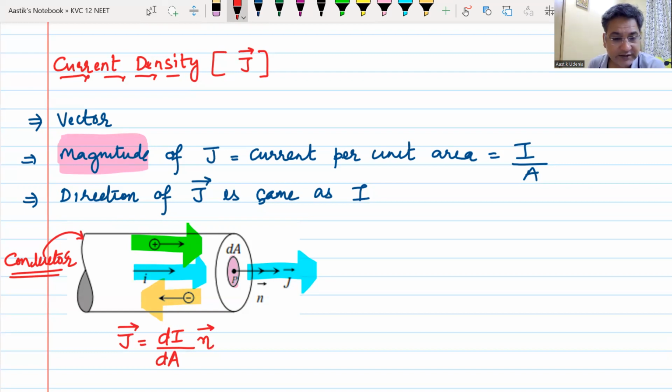Do we understand this? Yes, sir. Have we understood the concept of current density? Yes, sir. Now, first understand, then I will give you time to write.